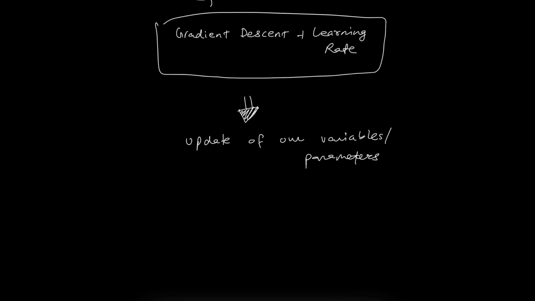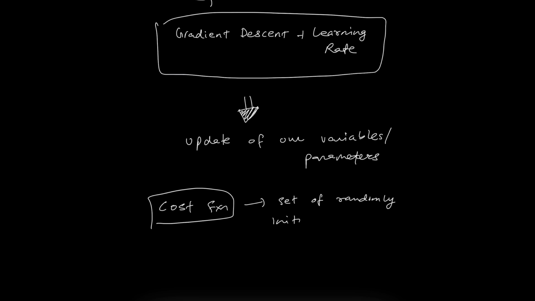And this is exactly how we update our cost function. So let's say on a high level overview, I'm going to summarize this: we have our cost function, right? Initially we have a set of randomly initialized weights, and by weights what I mean is for our slope m and c bias for our linear regression function, but in general we'll call it weights.